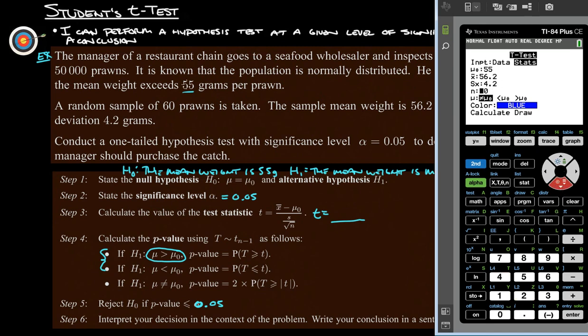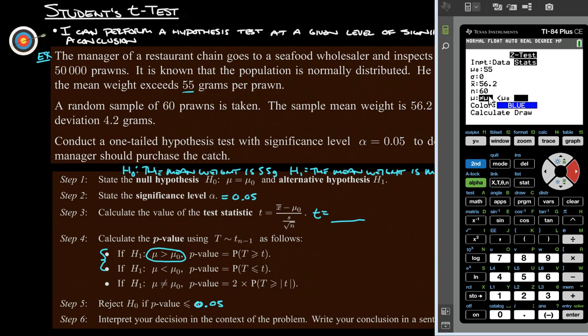The number of trials was 60, because we measured 60 different prawns. We want to know when we're greater than our null mean of 55, which is this one up here. So we go down to calculate, and we cross our fingers.